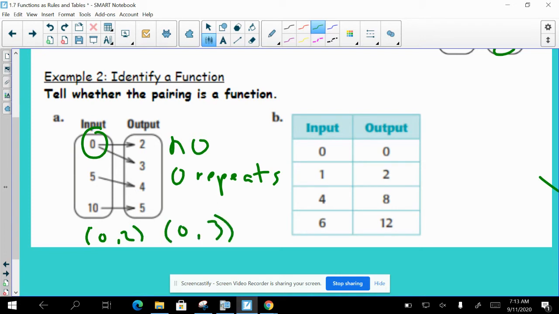Do you see how 0 repeats in both the x's? So 0 can't go to 2 and 3. It can only go to one of them if it's a function. What about part B? This would be yes. Each number in the input is not repeated, only goes to one output number.